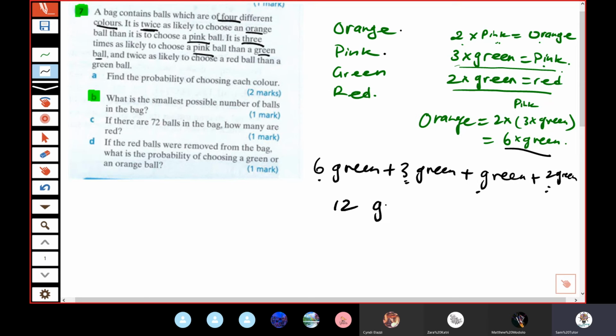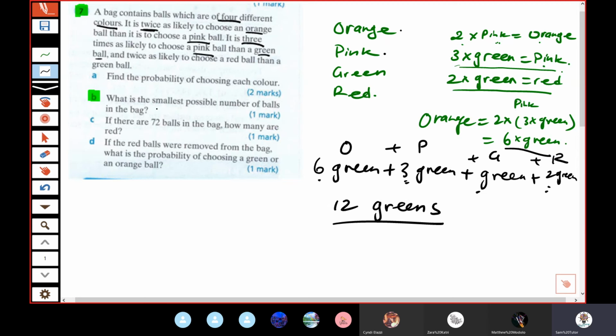You're just doing simple algebra there. Altogether there are 12 greens. 12 greens means there are 12 balls, because this was orange plus pink plus green plus red. So there are 12 balls altogether.